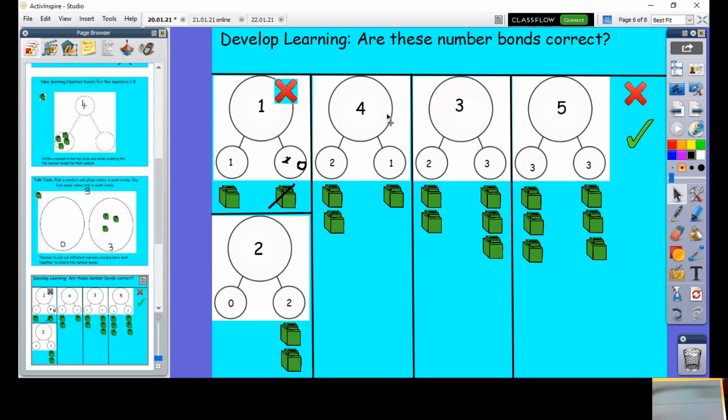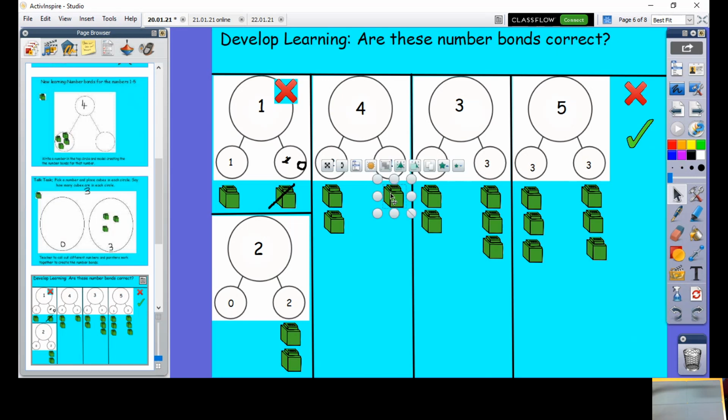Okay, let's have a look over here. So our number is 4. Okay, so how can we split this up? How many cubes do we need? We need 4 cubes, don't we? How many cubes have we got? 1, 2, 3. Uh-oh. So what could I do? Where could I add a cube? I could add a cube to this pile, or I could add a cube to this pile.